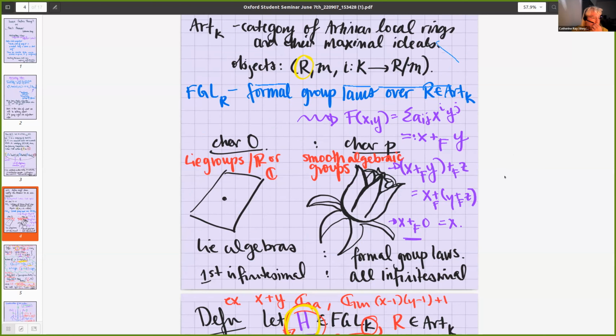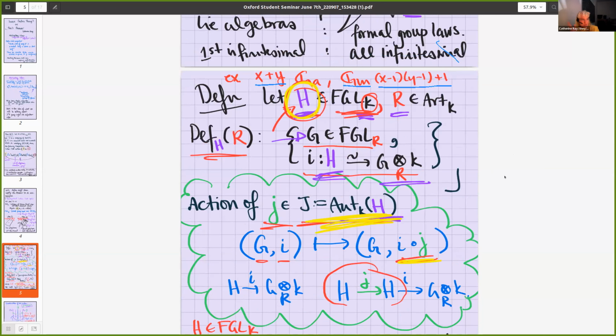Okay, so now we have this notion of formal group law, which is our analog of Lie algebra in characteristic p. If we consider Artinian complete local K algebras, in other words, local K algebras that aren't too terrible.